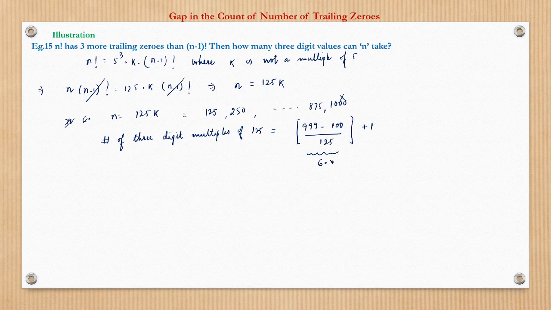This will give something like 6.xx. If you divide 899 upon 125, it is 125 times 6, 750, then 49 is the remainder, right? So it becomes 6.xx, meaning integral value 6, plus 1, which is 7. And in fact this we had calculated also in the previous part. We had counted all the values 125, 250, 375, and all those, right? So it becomes 7 values.